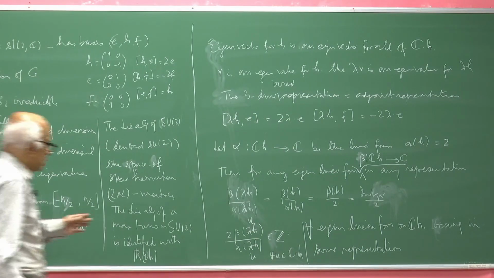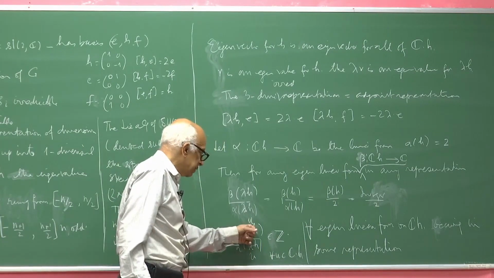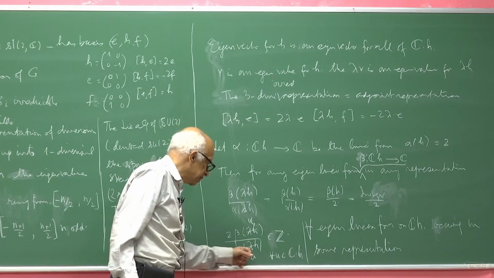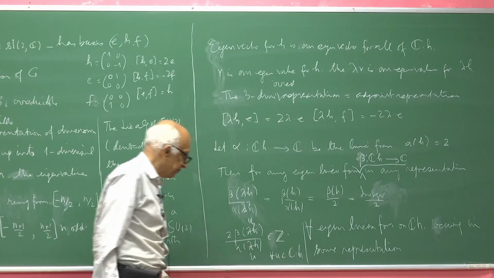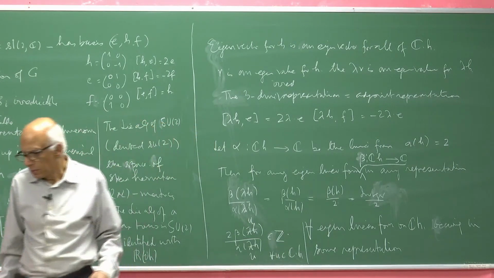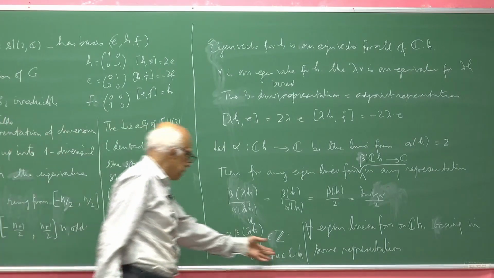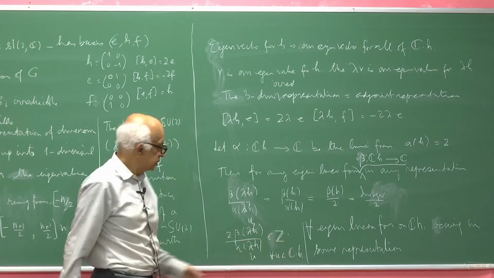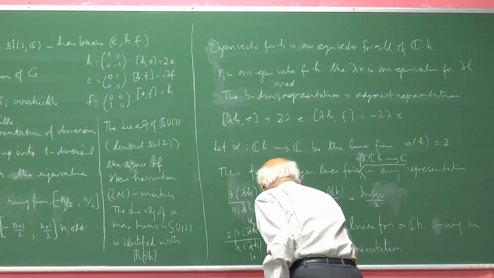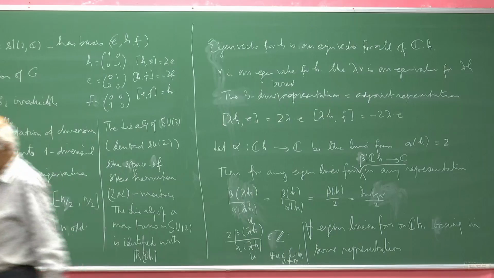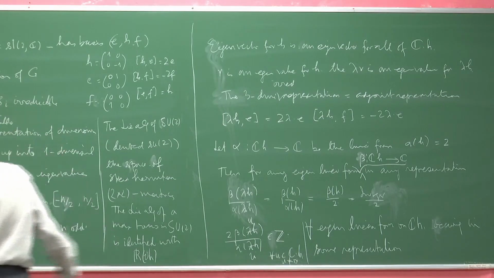I am rewriting this deliberately in this form: 2 beta evaluated on any element of H divided by alpha evaluated on the same element of H is always an integer. So that specific element H, I can pick any element in CH and this ratio is going to be integral, U not 0, so that it may make sense. Why am I making this fuss? You will see presently.